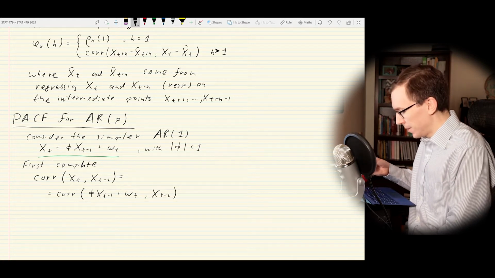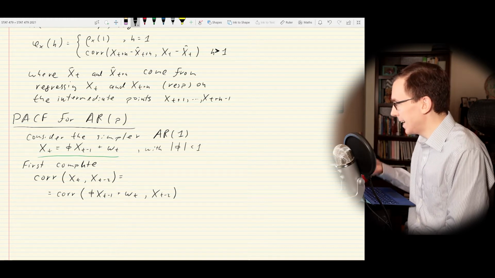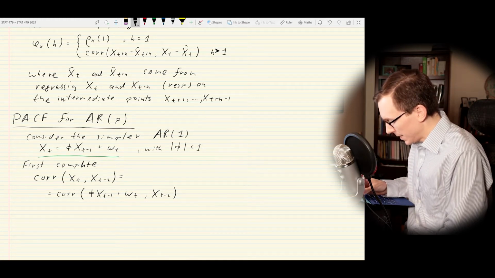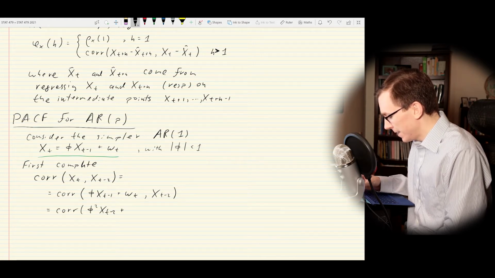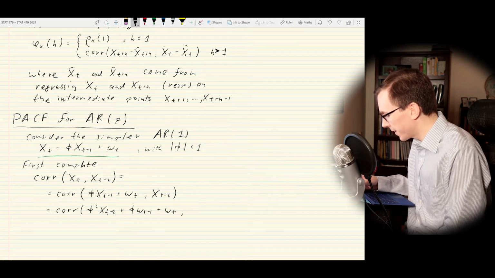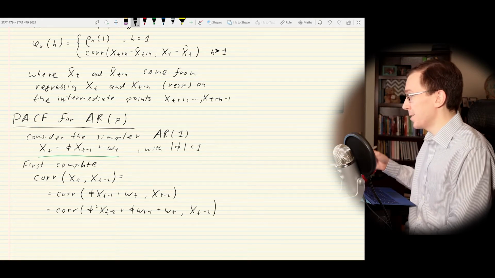If we apply that one more time, we can get further down into this recursion, and we end up with phi squared x_{t-2} plus, in this case, a phi w_{t-1}, and the w_t is still just sitting there unchanged from the previous line, as is the x_{t-2}.